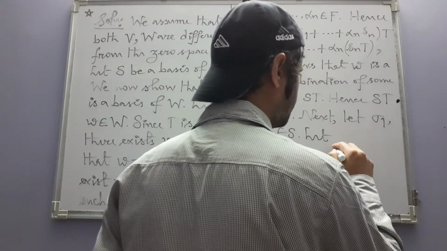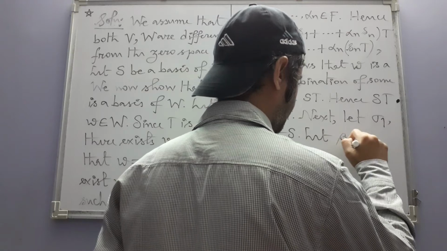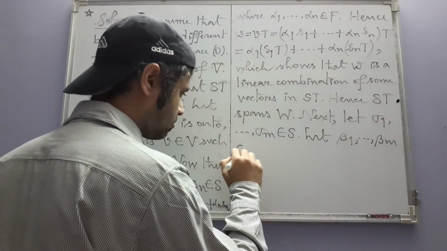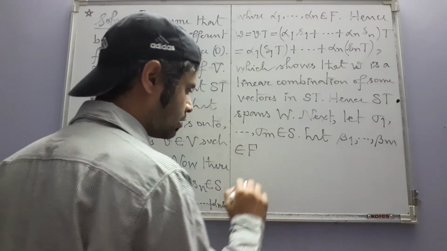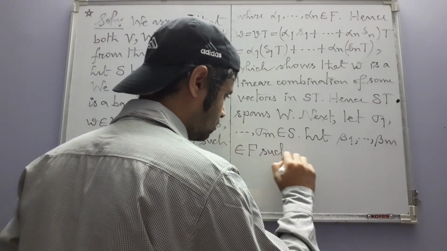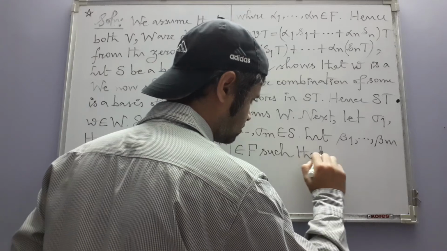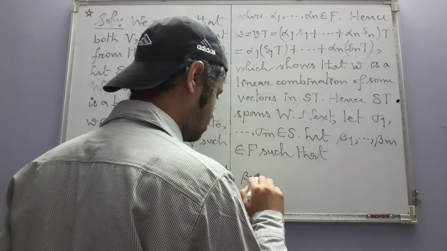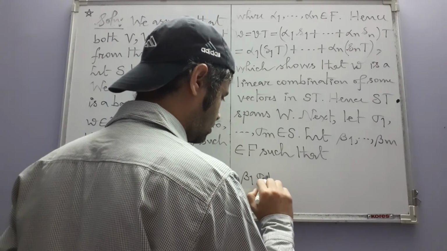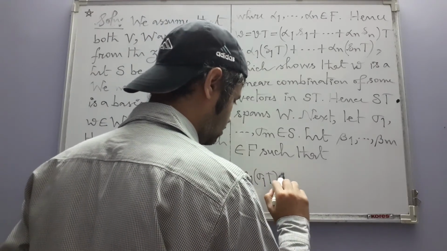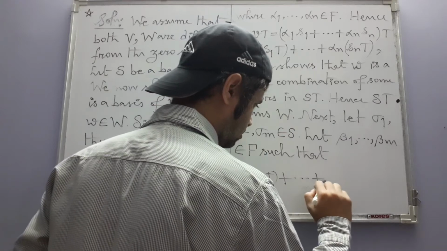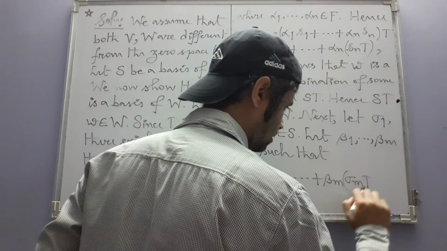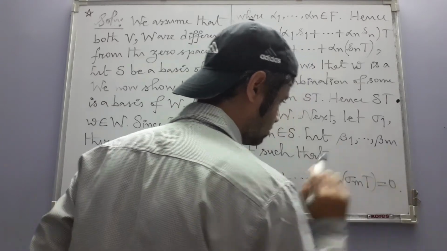So let beta 1, beta 2 to beta m be scalars such that this linear combination is 0: beta 1 sigma 1T plus ... plus beta m sigma mT is equal to 0.